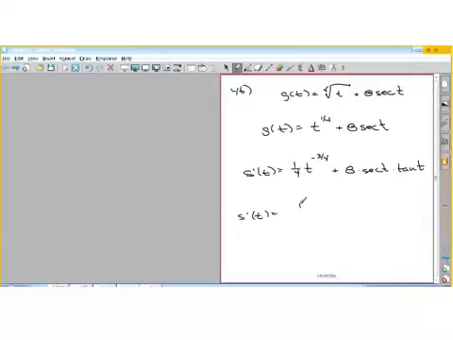So what we'll have is 1/4 t to the 3/4 in the denominator plus 8 secant t tangent of t. And the only other thing, you could rewrite that first term as 4 times the 4th root of t cubed. Second term doesn't change any.